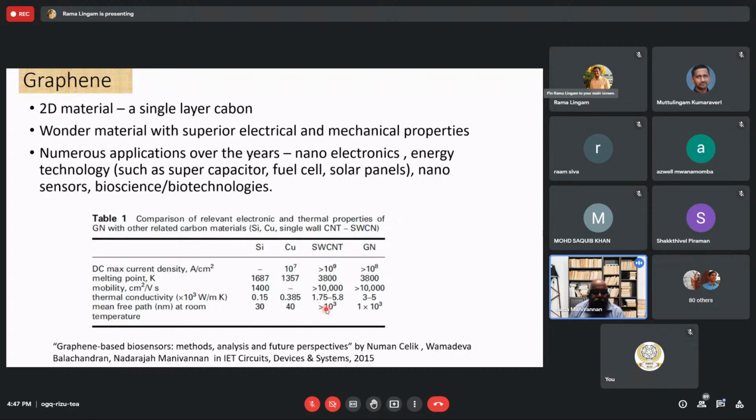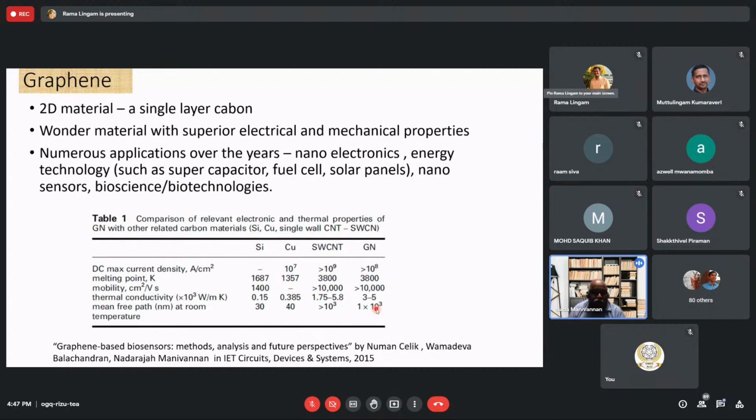So you can see the melting point is quite high compared to carbon nanotube. Mobility is also very high, and thermal conductivity is very high as well. And the mean free path, how far it can travel freely in the free space, is almost 1 nanometer. It can travel without any collision. That's what it means. So graphene is an advanced material for people who are interested.